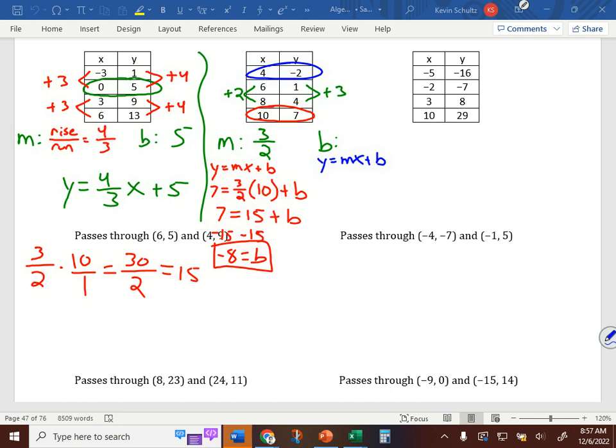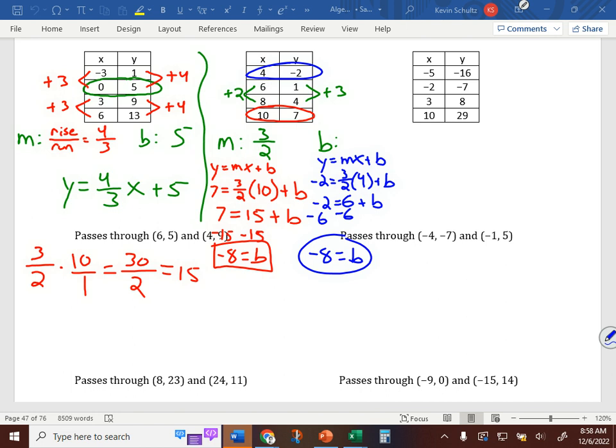Our slope is still 3 over 2, but now, instead of 7 and 10, we're using y as -2 and x as 4. 3 halves times 4 is 6. Subtract 6 from both sides, we still get -8 as a value for b.